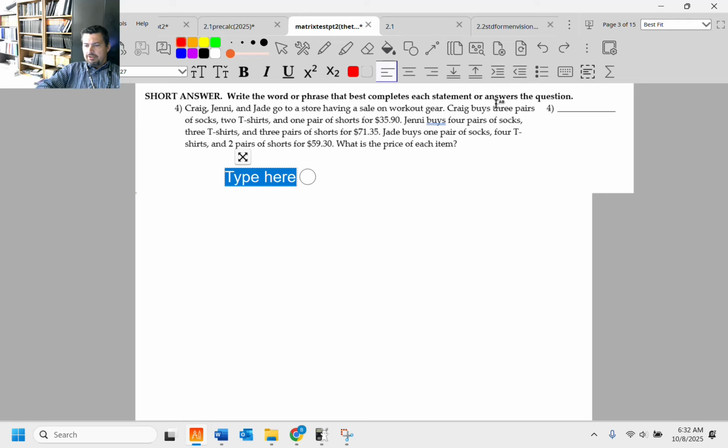So Craig buys 3 pairs of socks, hence 3x, 2 shirts, hence 2y, and 1 pair of shorts, hence a z, for $35.90. I'm just going to throw away the 0. Jenny buys 4 pairs of socks, remember socks are x, 3 shirts, shirts are y, 3 shorts, shorts are z, for $71.35.